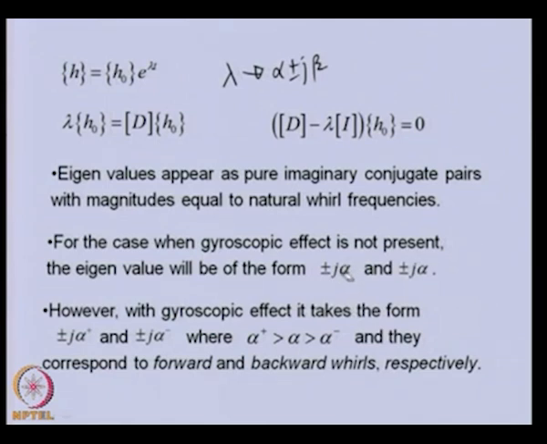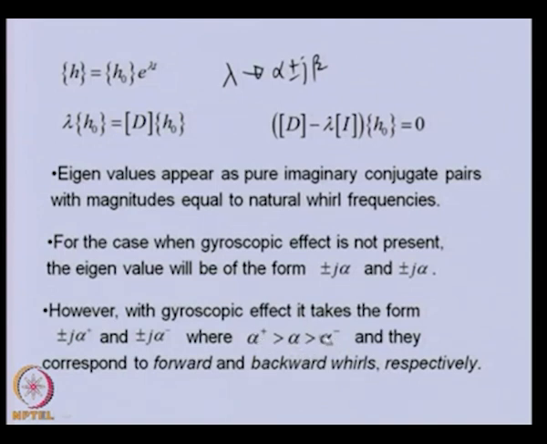One of the magnitudes of the eigenvalue, that is the imaginary part, will be a reduced value, and another will have some higher value. So, one will be alpha plus, that is, let us say, the higher value, and alpha minus, superscript, is the lesser value. So alpha will be in between, but alpha plus will be more than this and alpha minus will be less than this.